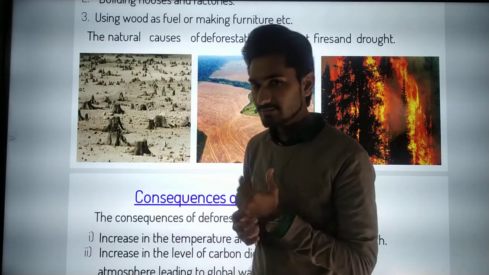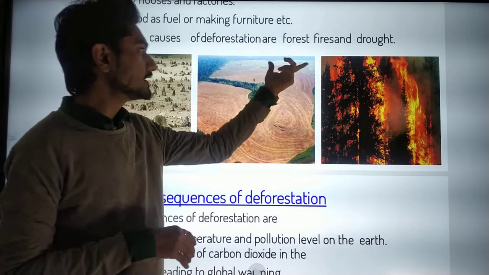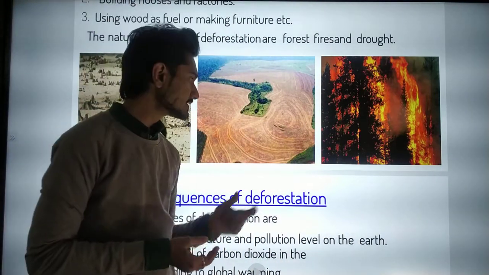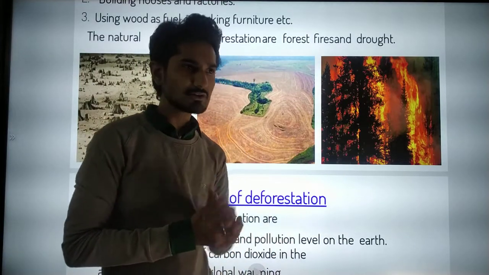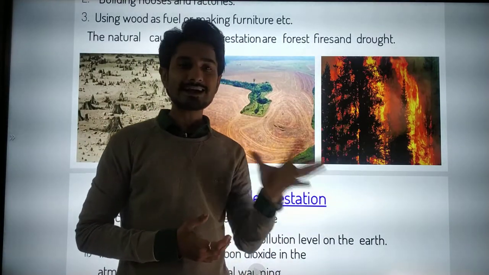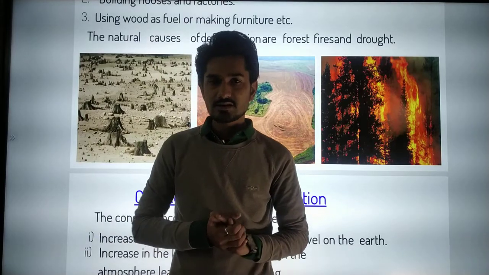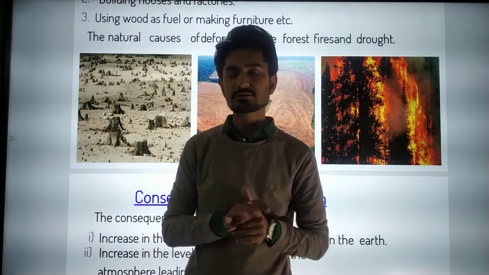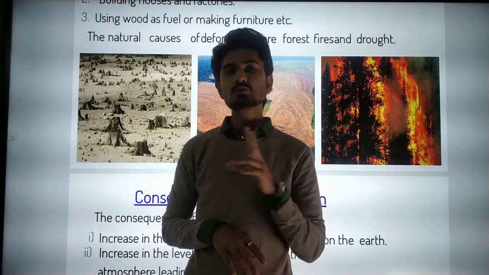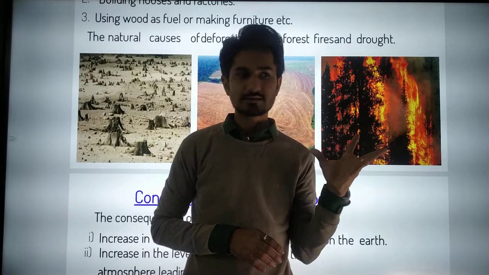So from that we can understand that drought is also creating this deforestation, because the plant needs three things. Mainly it needs two things, but we can consider sunlight also.